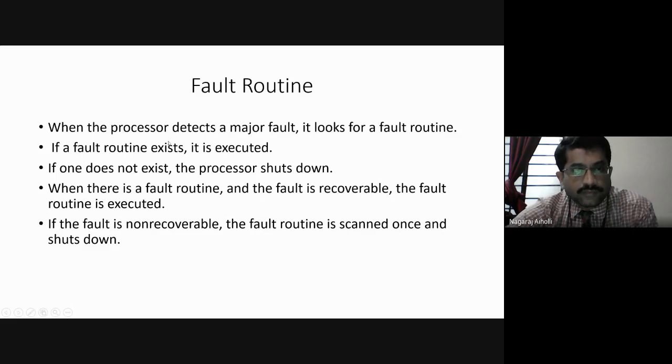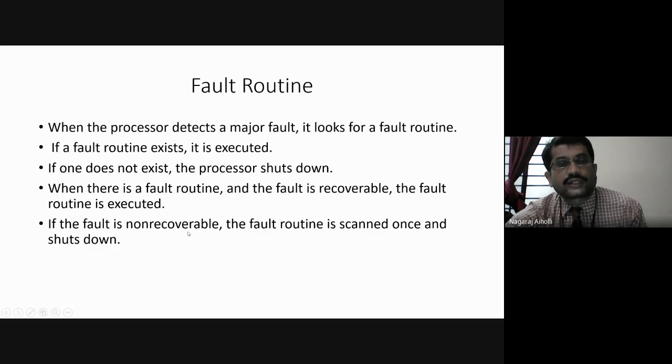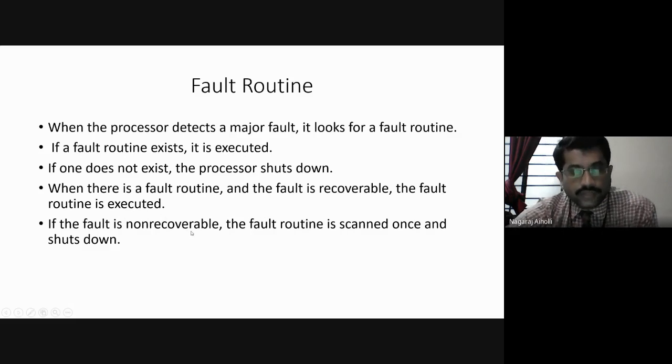When there is a fault routine and the fault is recoverable, the fault routine is executed. If the fault is non-recoverable, the fault routine is scanned and then it shuts down. If we can repair the fault, it is executed. If we cannot repair it, after executing, it is immediately shut down.